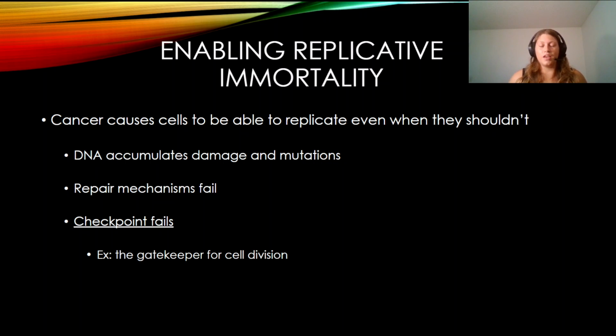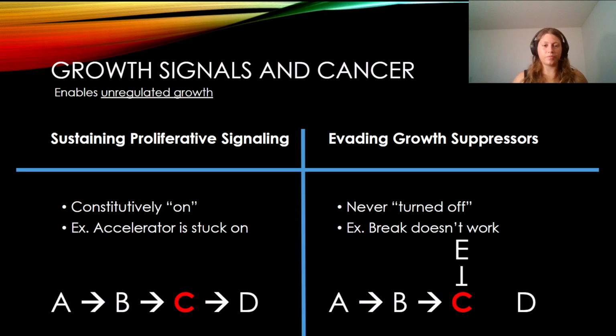Instead of screening them and making sure that they don't go through because they have all of these problematic mutations, that gatekeeper is simply gone, and cancer can just kind of duck under the checkpoint and keep replicating with all of its mistakes and errors. This obviously creates problems as it creates more cells in the body with those mutations.